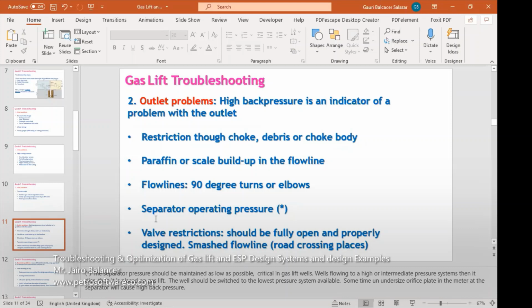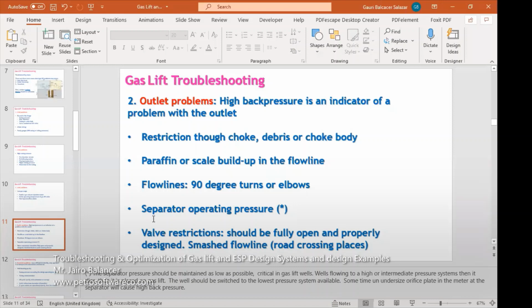For instance, if it's winter time, maybe we get some paraffin or wax deposits. Those are causing high back pressure. Paraffin or scale in flow lines. Flow lines with 90-degree turns or elbows are not recommended. The straighter the system, flow lines and everything, the better.